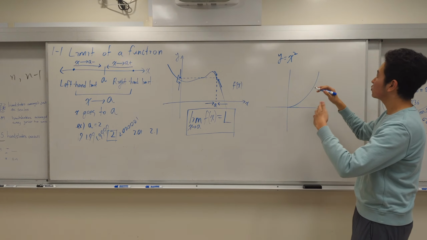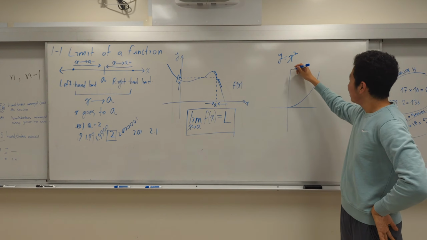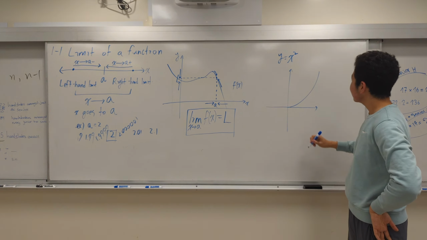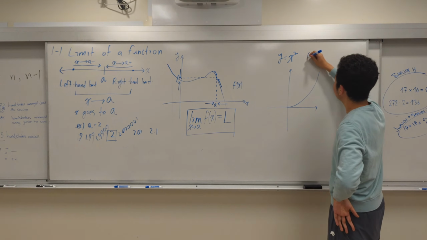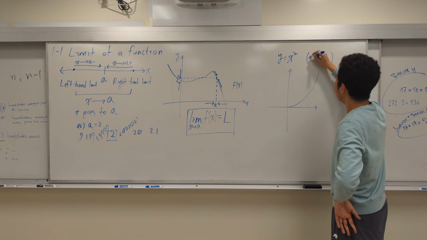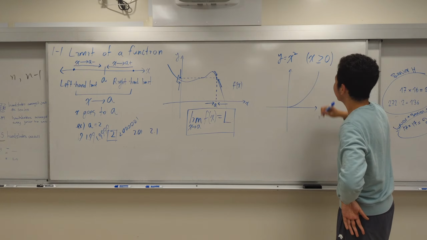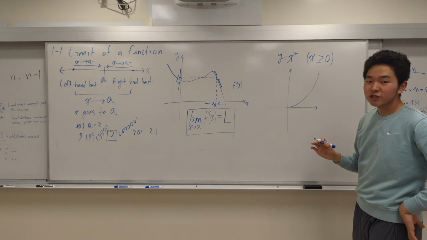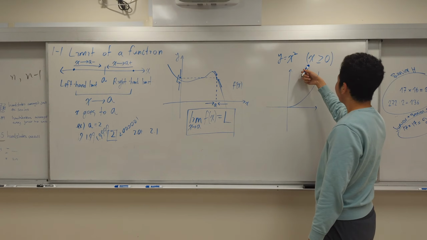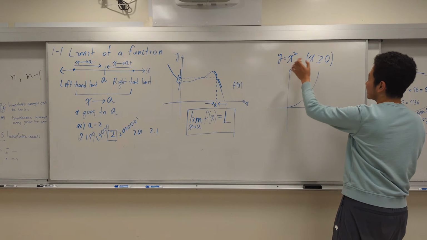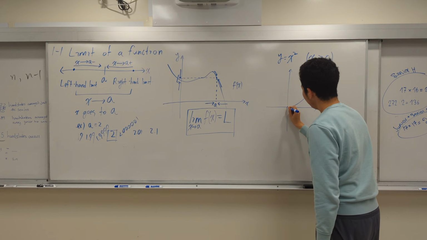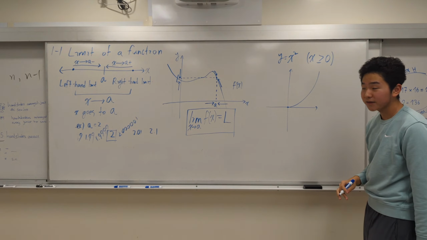But instead of drawing the full parabola, I'm going to cut it short, and I'm going to add the condition in parentheses that x is greater or equal to 0. And that changes things, right? That means I restricted the domain of this particular graph to 0 and onwards only.